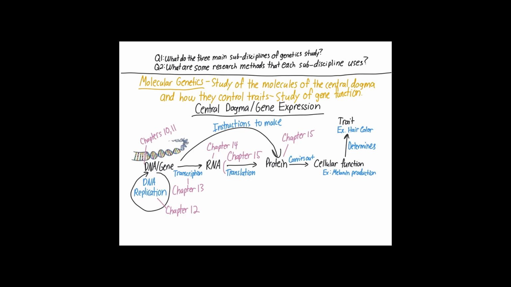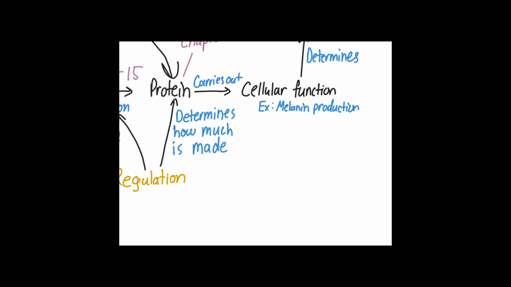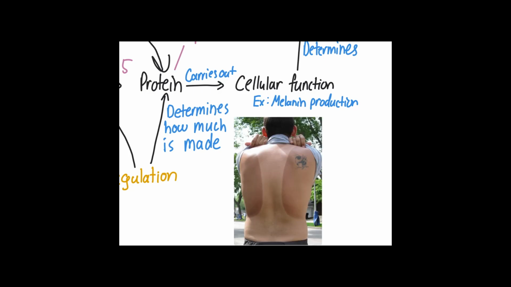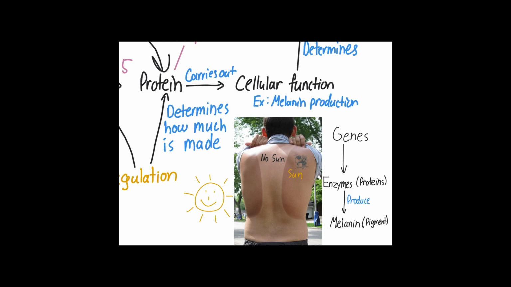Molecular genetics is also the study of gene regulation. How a gene is regulated determines how much protein that gene produces at any given time. For example, when our skin cells are exposed to sun, genes encoding melanin-producing enzymes increase their expression levels, causing more melanin to be produced.